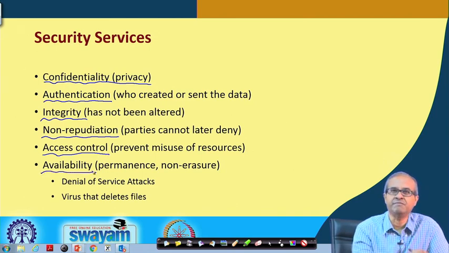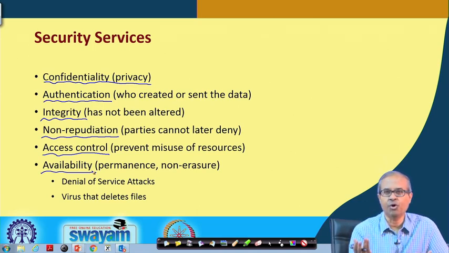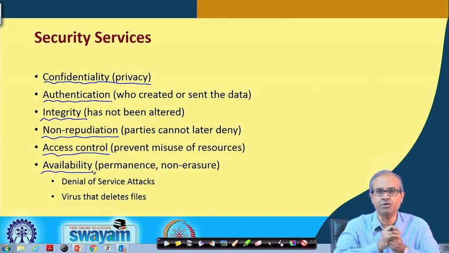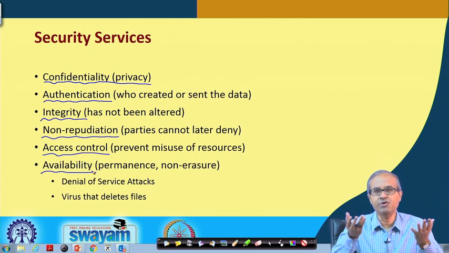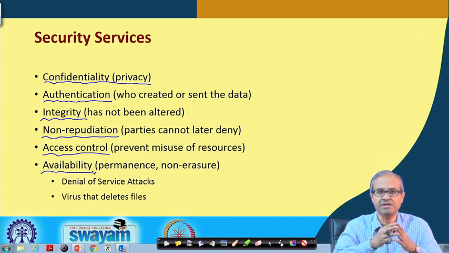And availability of resources, like we already talked about denial of service, that is one kind of availability. Like Gmail, we all use Gmail today. We assume that Gmail is always available, but if we wake up in the morning and suddenly find that Gmail is not accessible, many of us would be in great trouble, right?